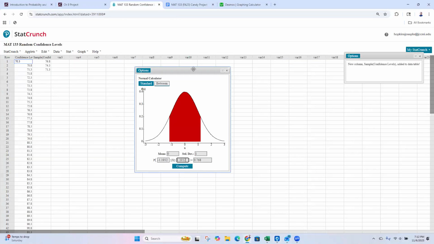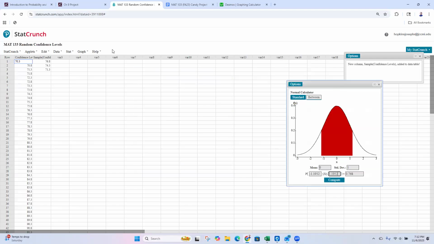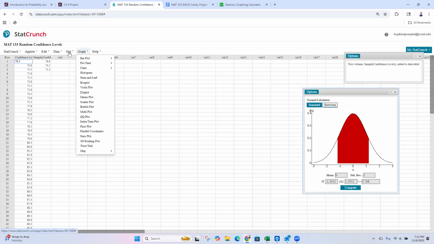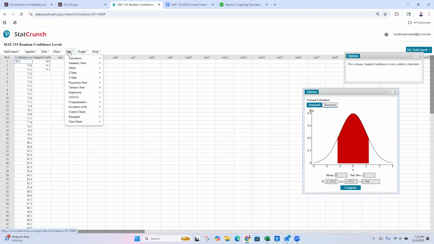But instead of using this normal calculator, so it's more visual, I'm going to show you how to do it with the proportion stats. So we go to Stat, Proportion Stats, one sample with summary.